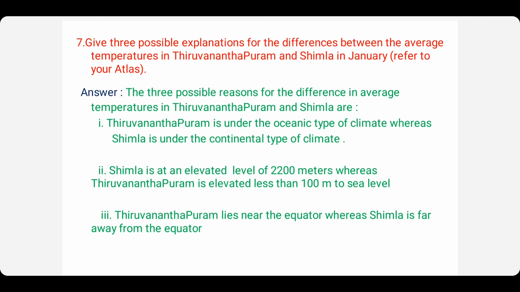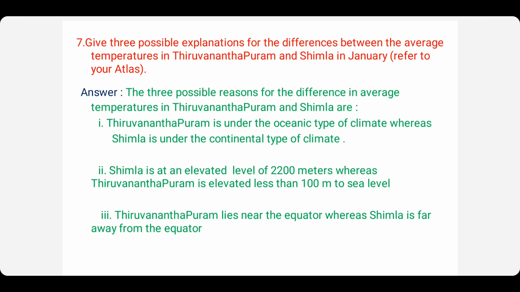And then Shimla is at an elevated level. Elevated level means higher altitude, mountain region. It is at an elevated level of 2200 meters, whereas Tiruvananthapuram is elevated less than 100 meters to sea level. The height of Tiruvananthapuram is very less. Shimla is located at greater height, so the temperature is lesser over there.